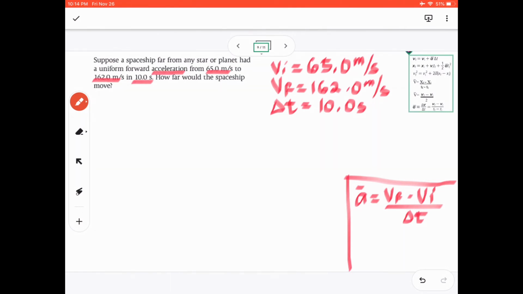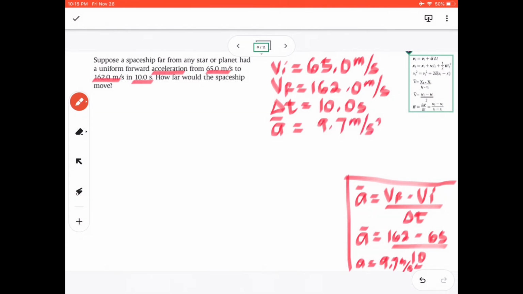So A is equal to 162.0 minus 65 divided by 10. A is equal to 9.7 meters per second squared. I hope that's clear. So I'm just going to list it here. A is equal to 9.7 meters per second squared.